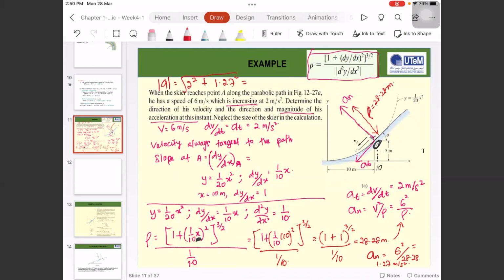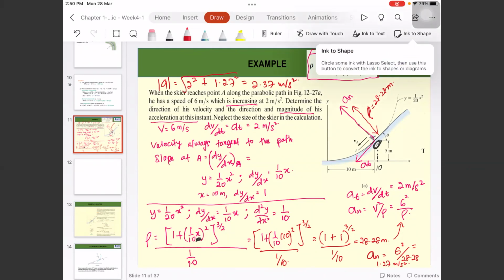Okay, 0.37... 2.37. Okay, so this is your A, this is A tangent, and the other one is A normal.